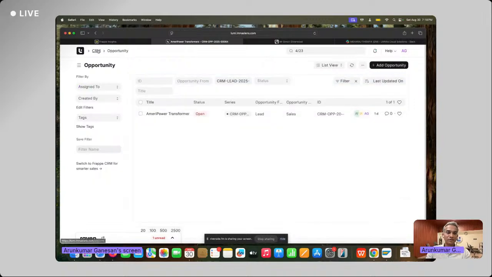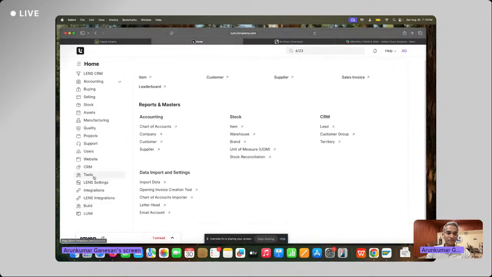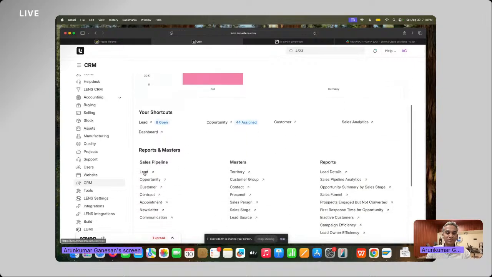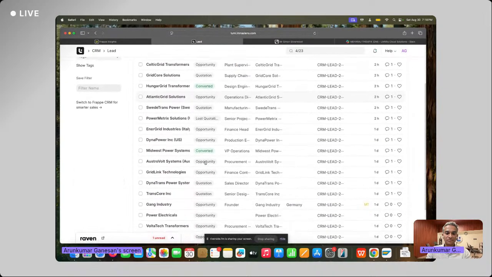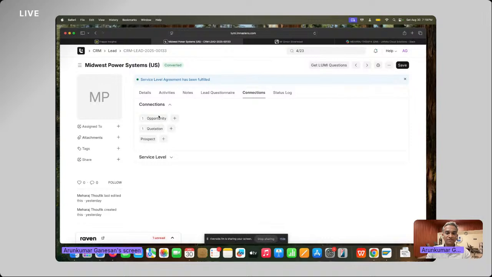And when I go back to the lead again, we also saw how a lead is getting converted to a quotation, right? So let me get into, let's see, like this one. This got converted. So we have seen an opportunity has been created and a quotation has been created for this lead.